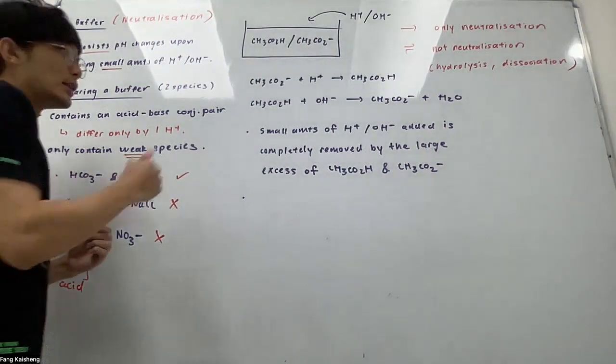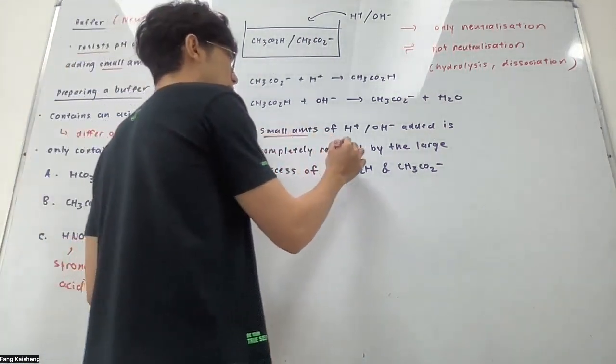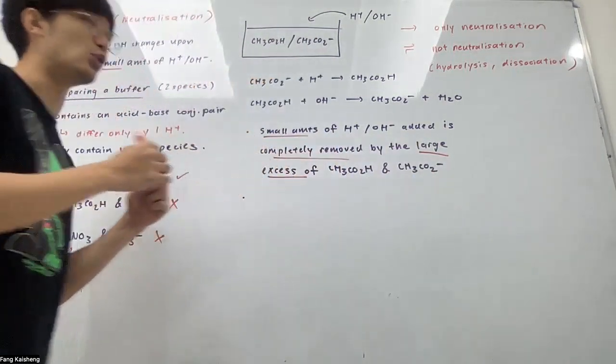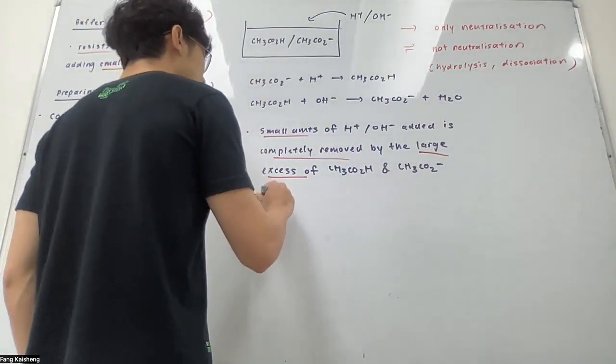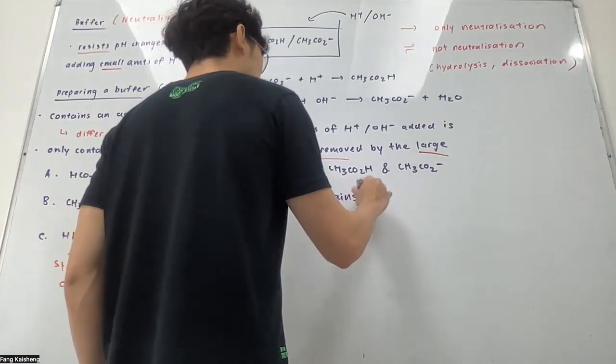The main keywords here are to really show the scale difference: small amounts versus large excess. And use the words completely removed. And hence, the pH remains relatively constant.